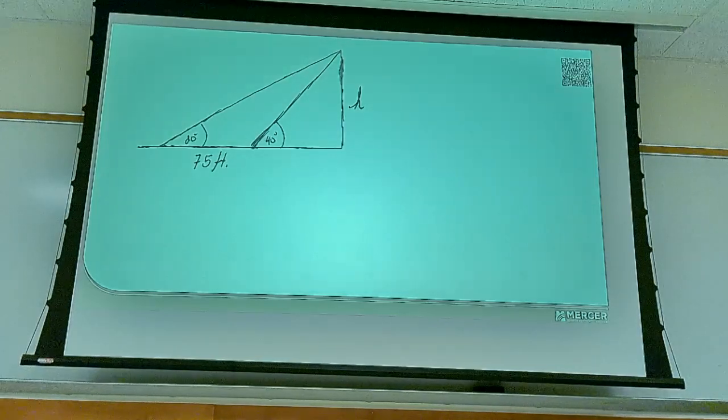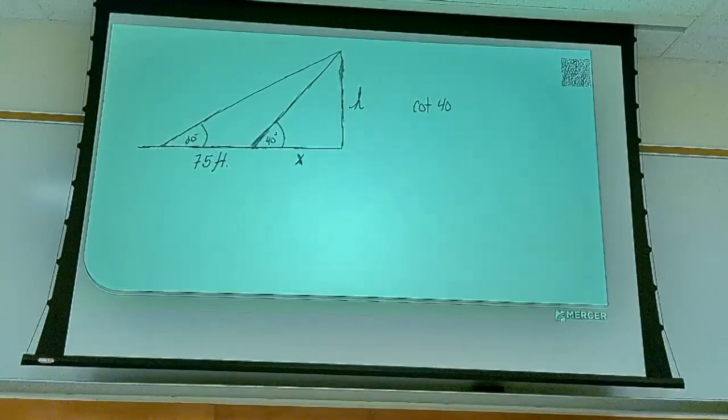Well, let's call that remaining distance x, right? So the distance from our new observation point to the base of the tree is now just x. Then we know the cotangent of 40 degrees has to be h divided by x, right?